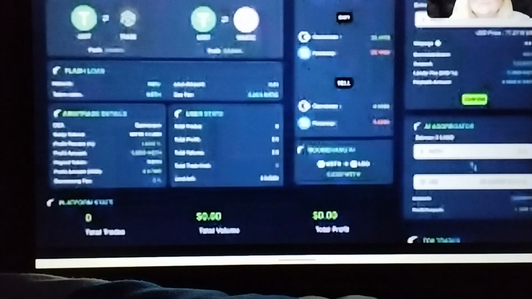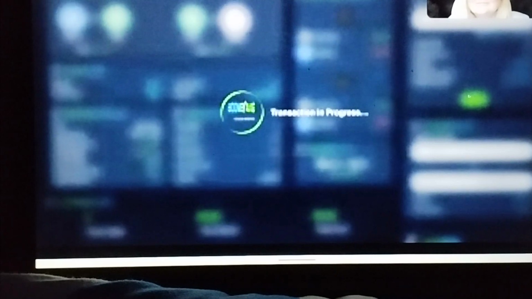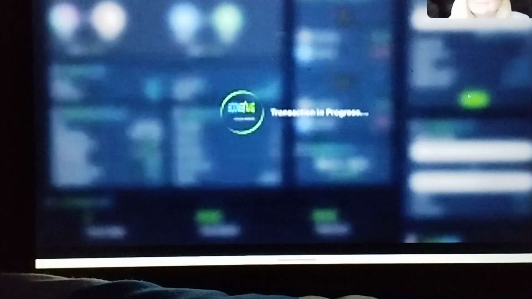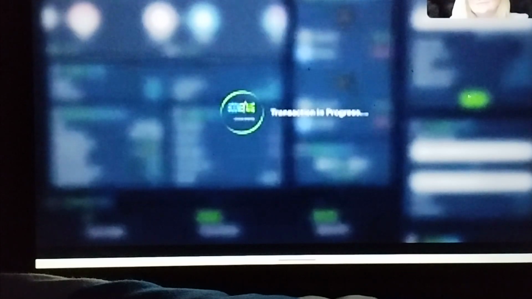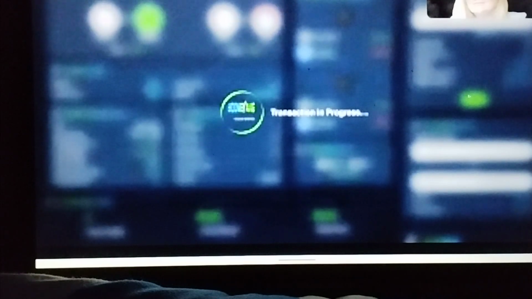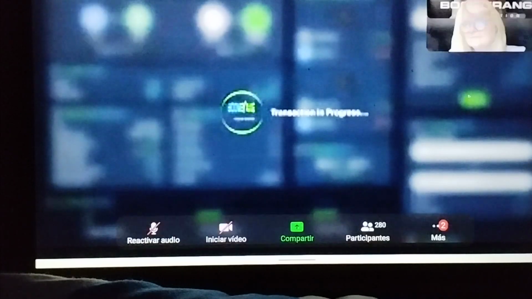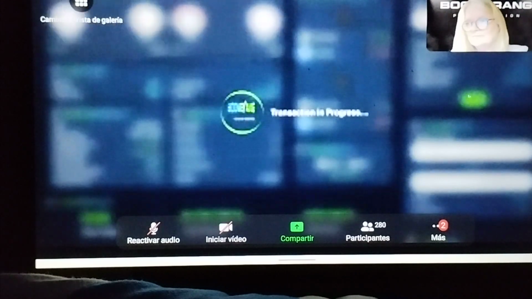I click on confirm, and then it actually accesses the flash loan. It borrows the coin on one exchange, sends it to the other exchange, sells it there, pays back the lender, and the profit goes directly into your MetaMask wallet.